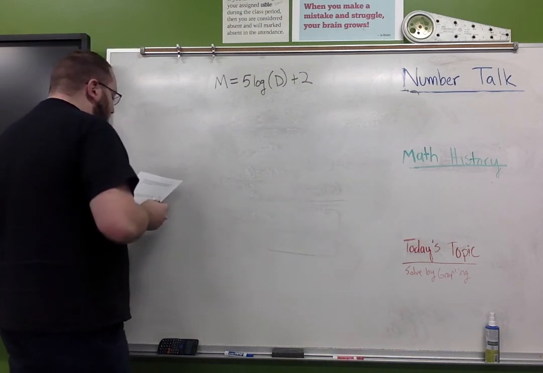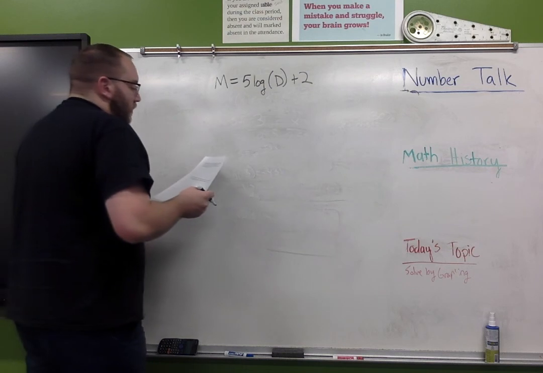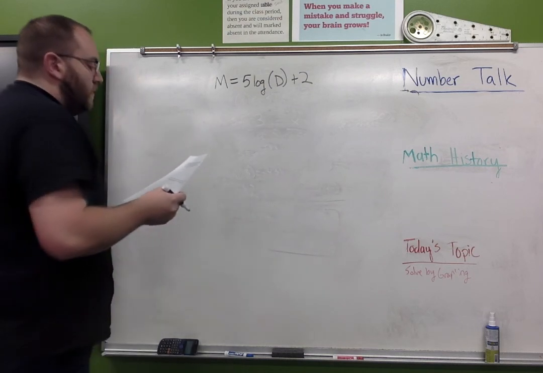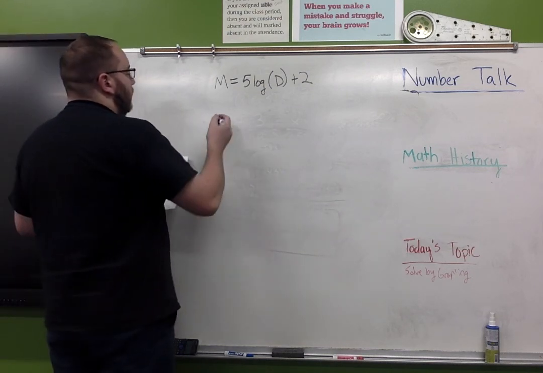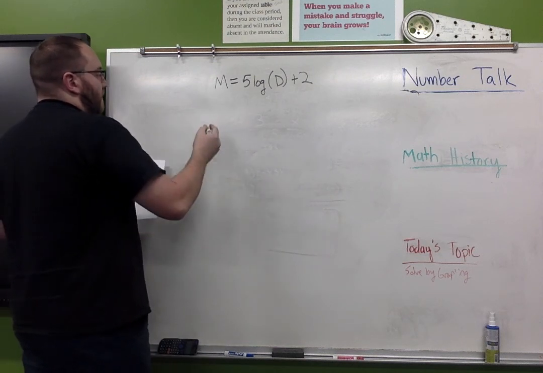What is the diameter of an objective lens of a telescope that can reveal stars with magnitude of 12? So basically, we want to plug in 12 for M and get D by itself.